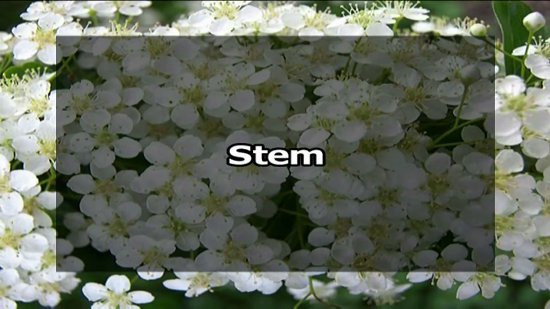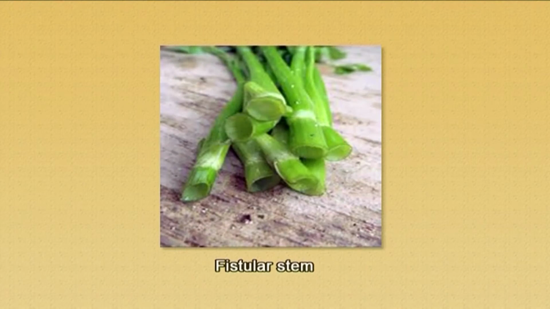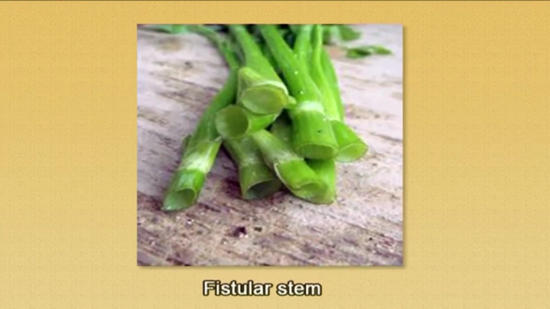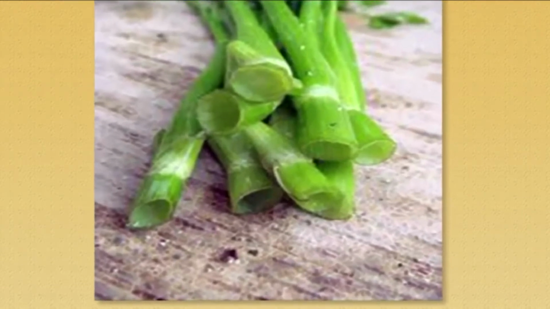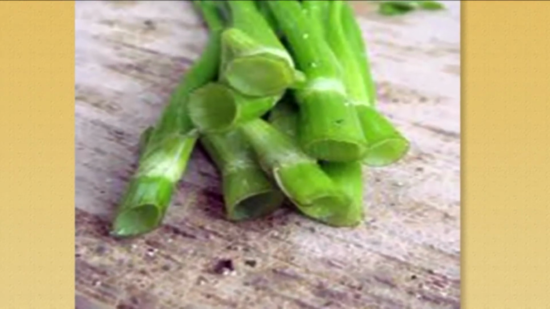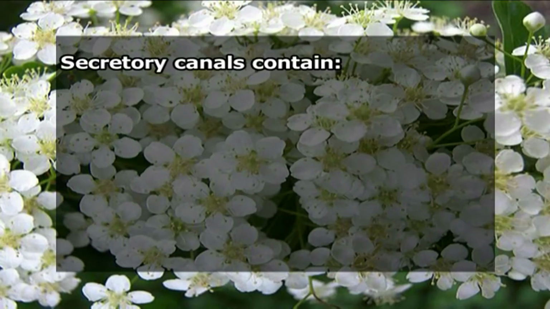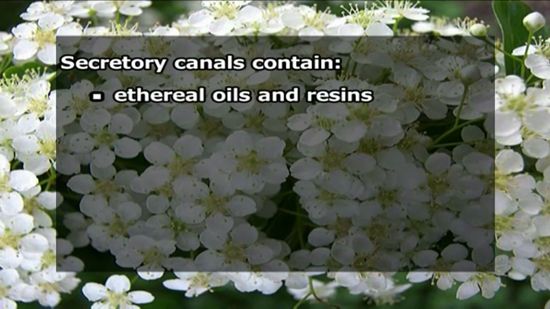Now let us discuss the stem. Stem in the Apiaceae is usually fistular, that means hollow, because the internodal regions in this stem are often hollow. These stems are occasionally succulent, what we see in Chrysanthemum. These stems are also associated with secretory canals which contain ethereal oils and resins.